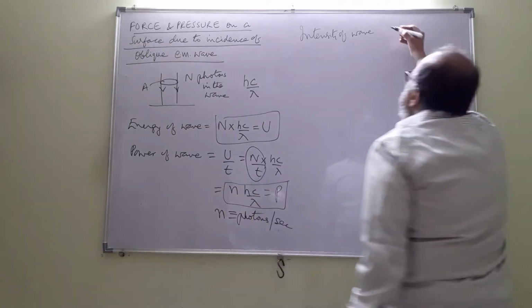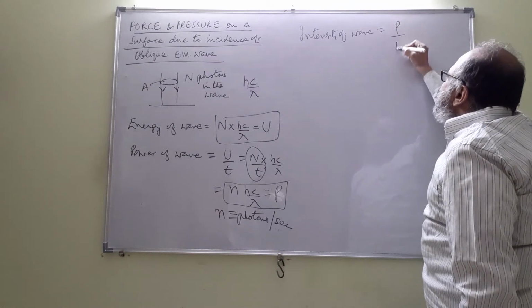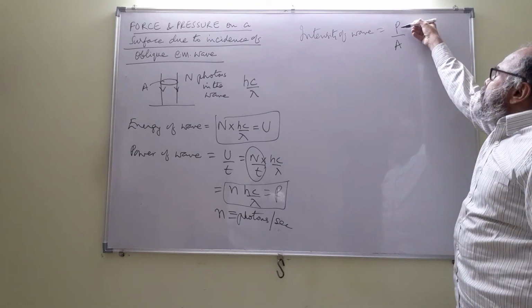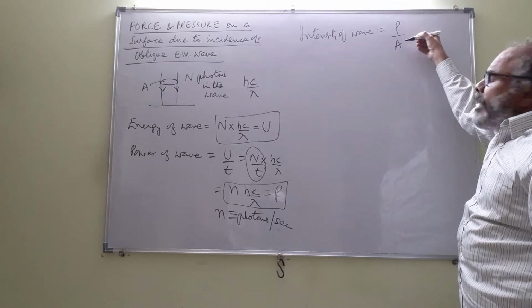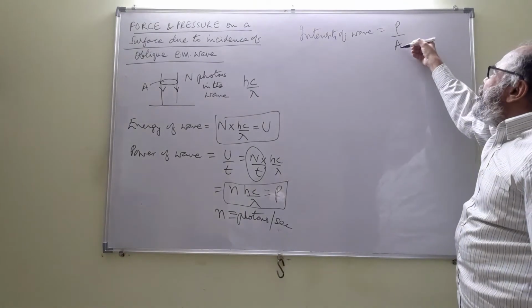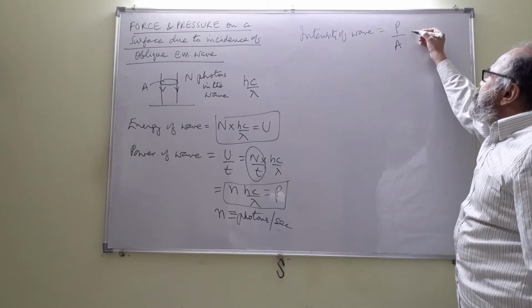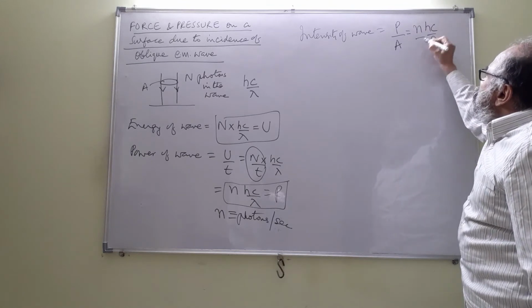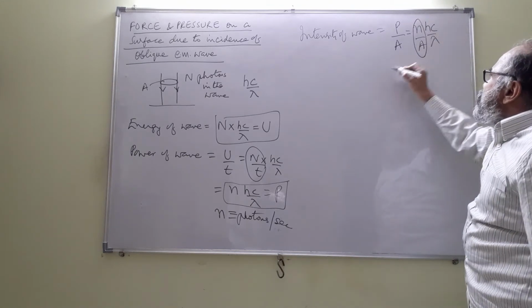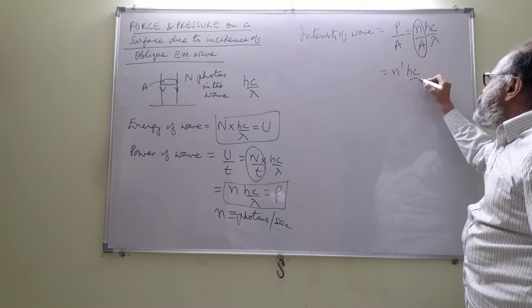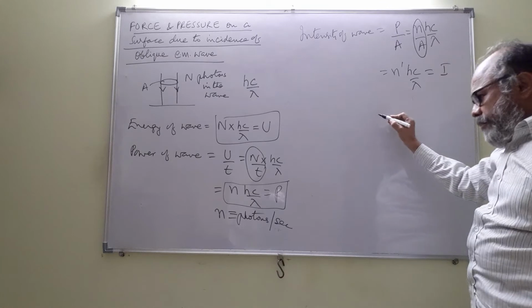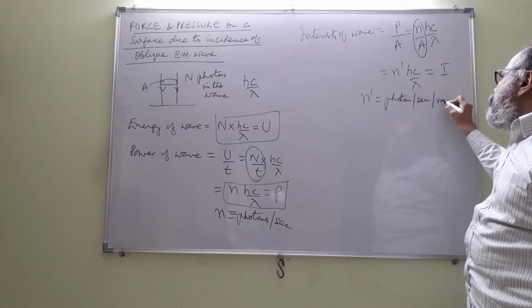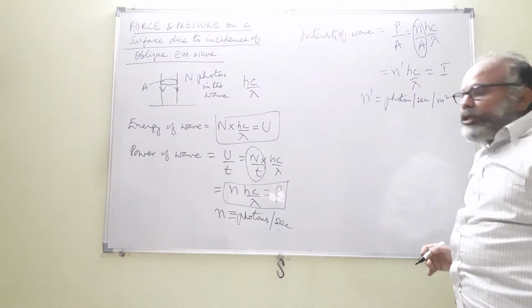So the intensity is simply the power divided by the area. P is n hc by lambda, and dividing by A, n by A we shall call n dash. So the intensity is n dash hc by lambda, where n dash is the photons per second per meter square held normal to the direction of propagation.